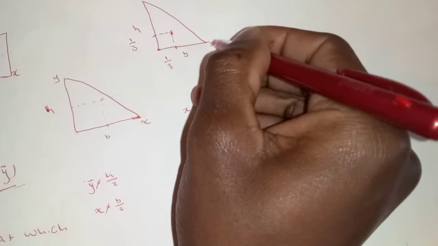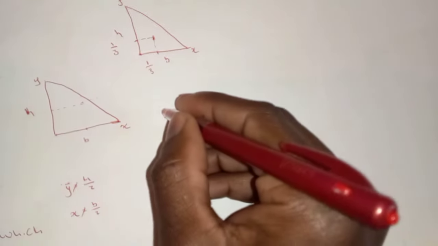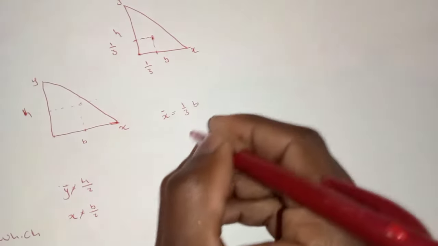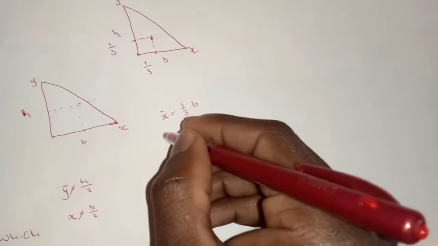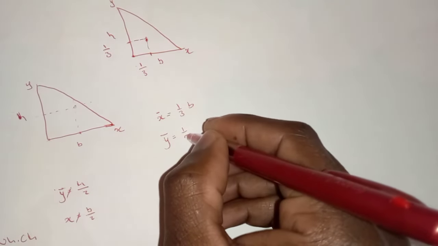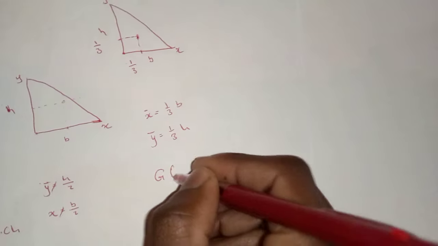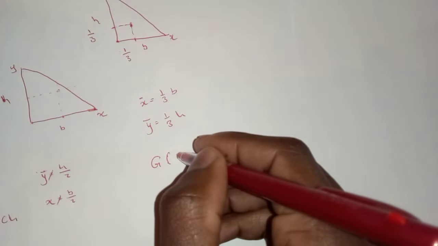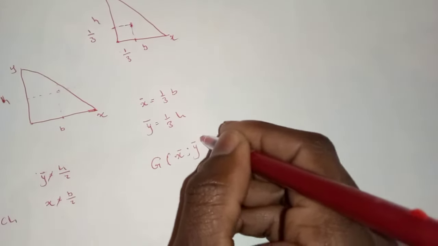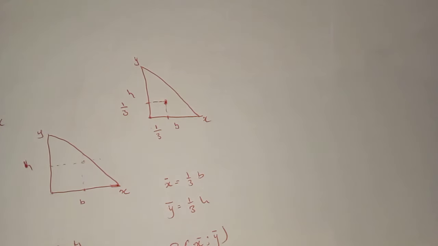Your x bar will be given by 1/3 of the breadth, and then your y bar will be given by 1/3 of your h, which will give you the coordinate of the centroid as x bar and y bar, which will be located somewhere here.